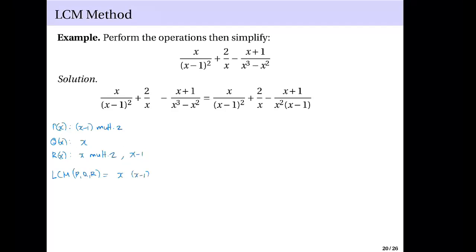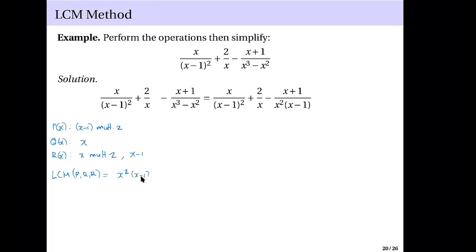But what is the highest power of x that appeared? This has power 1, this has power 2. So the highest power is 2, so we use x squared for the LCM.